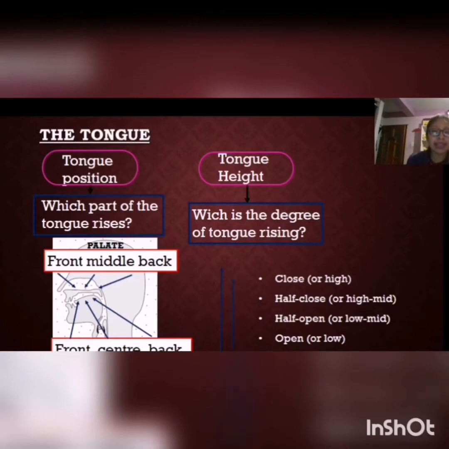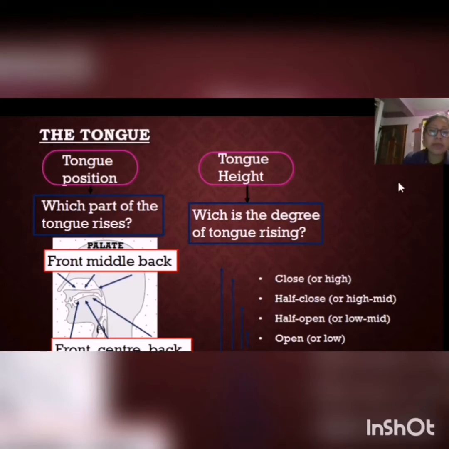And if it is even lower, vowels are half open or low mid vowels. And finally, when we have an approximation which is very, very low, we are talking about open or low vowels. So this type of classification of vowels depends on the degree of tongue rising, as you can see.